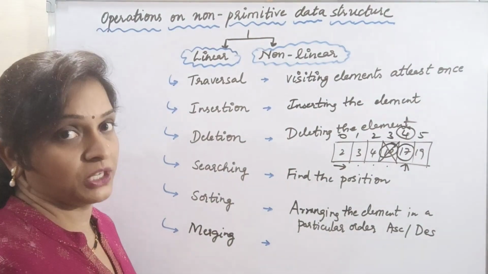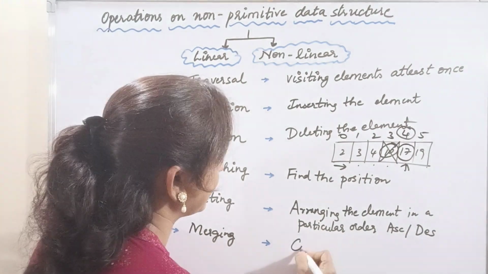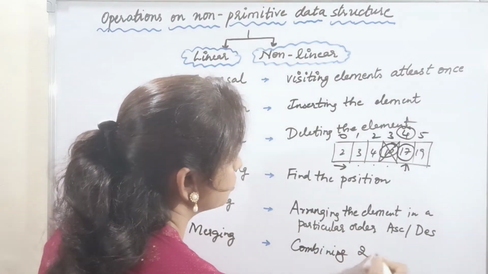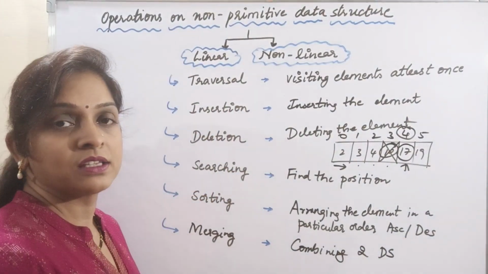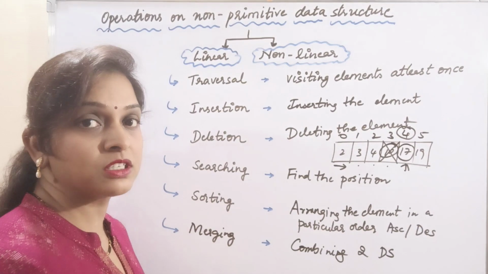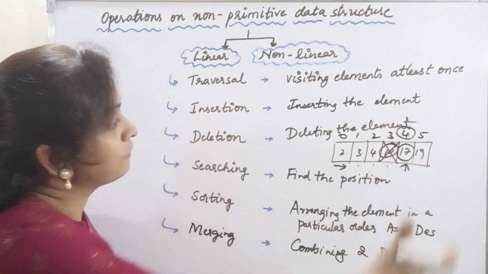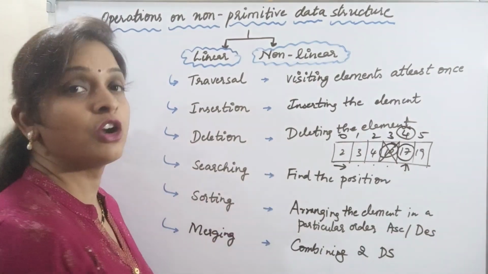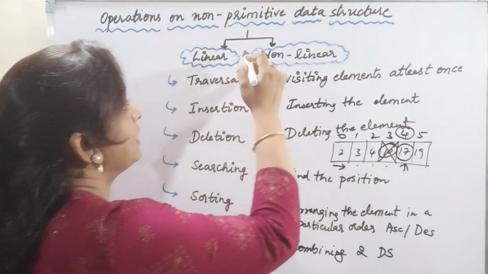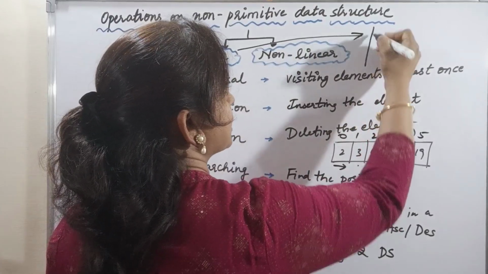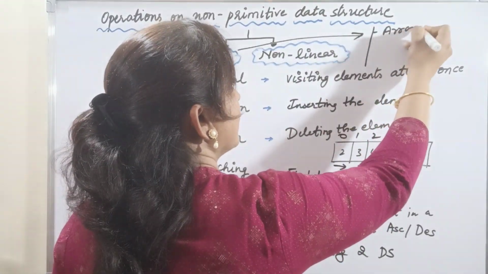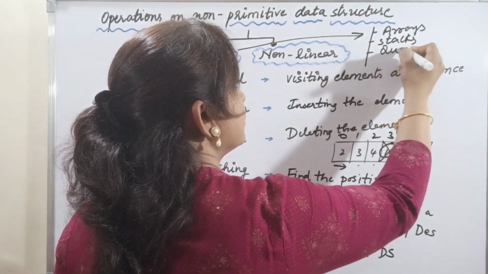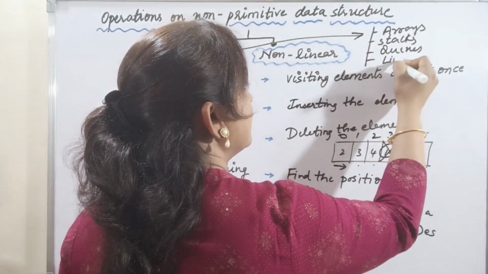Then merging. Merging means combining two data structures. So I want to combine two arrays. That is merging. So these are all the different operations that we can perform on linear or non-linear data structures. Talking about the linear, we have arrays, stacks, queues, and linked lists.